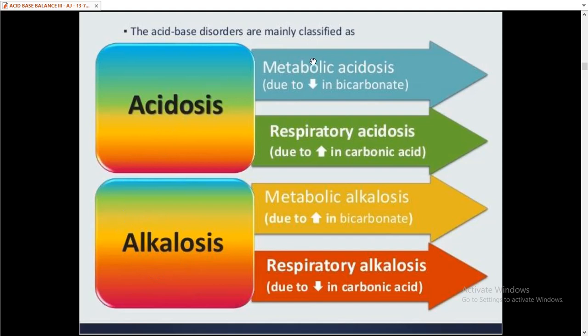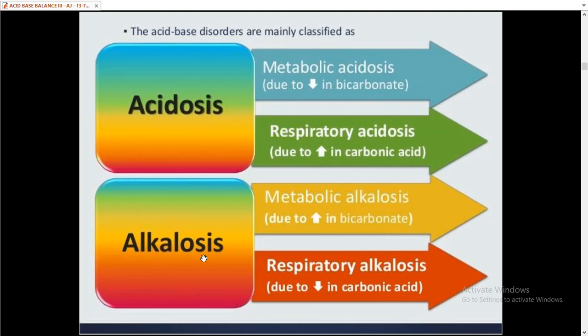Acidosis could be metabolic or respiratory. In metabolic acidosis, the primary problem is with the bicarbonate. There is decreased bicarbonate levels. While in respiratory acidosis, the primary problem is with the carbonic acid or carbon dioxide, increased formation of carbonic acid.